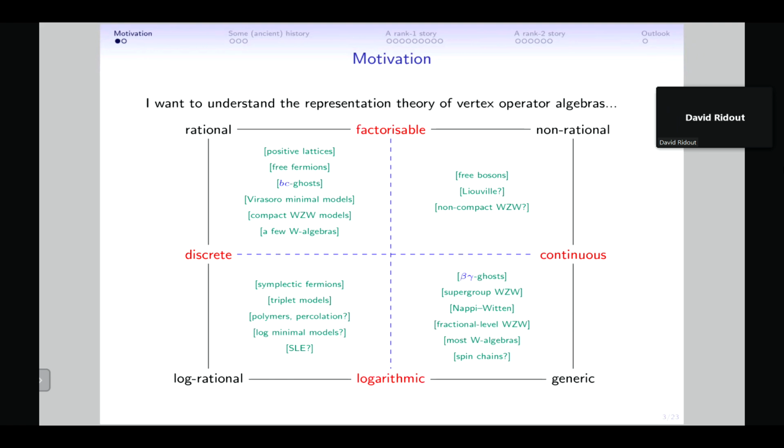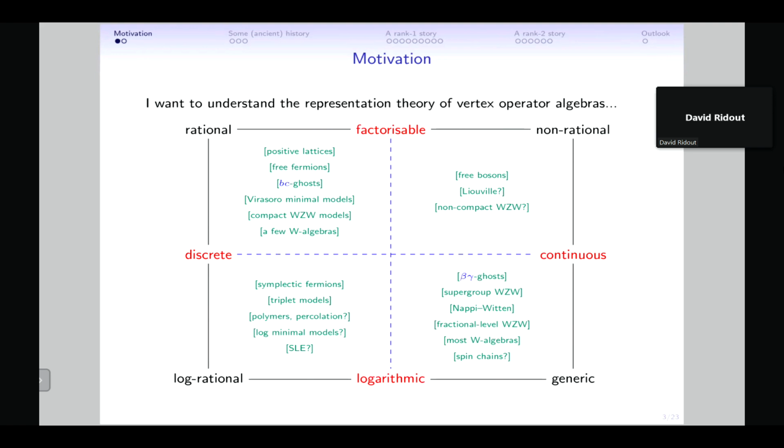So rational here means that we have a finite number of irreducibles up to isomorphism, and the category is semi-simple. So here we've got our favorite lattice VOAs, but we've also got things like free fermions and ghosts, and minimal models galore, and even a few W-algebras. So there's lots of examples. You could write a very long textbook about all of these examples.